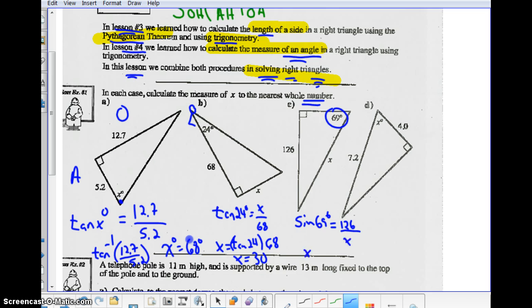When I solve for x, I get x is equal to 126 divided by the sine of 69, and so x is equal to 135. Finally, in D, standing at x, I'm looking for x, so cosine of x degrees is equal to 4 over 7.2, and therefore x is equal to, in this case, 56 degrees.